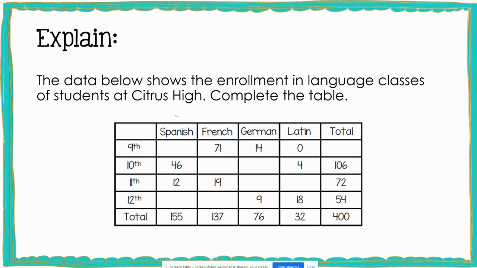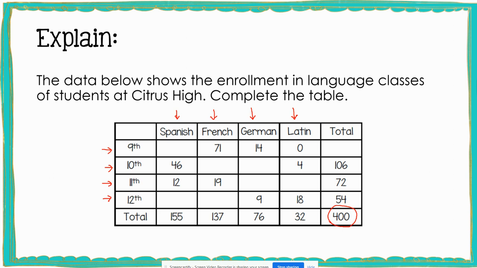It shows students enrolled in Spanish, French, German, and Latin, and it shows students in grades 9, 10, 11, and 12. We also know that we have a total row and a total column. Well, what we can see is that there are 400 total students for this table.